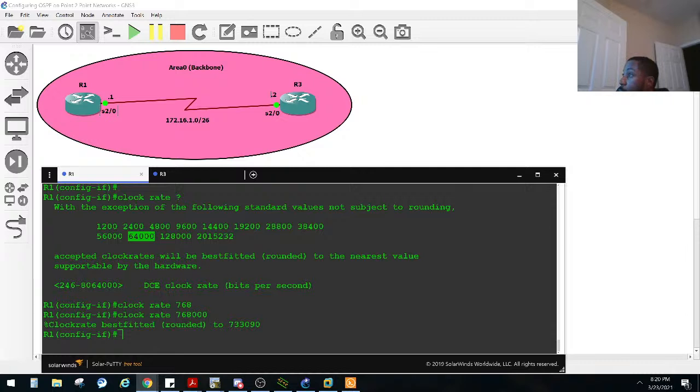The point-to-point protocol provides a standard method for transporting multi-protocol datagrams over point-to-point links. PPP is comprised of 3 main components, and I don't want to get too deep into that. Just know that it's a type of encapsulation that you use within point-to-point networks, hence point-to-point protocol, or PPP.